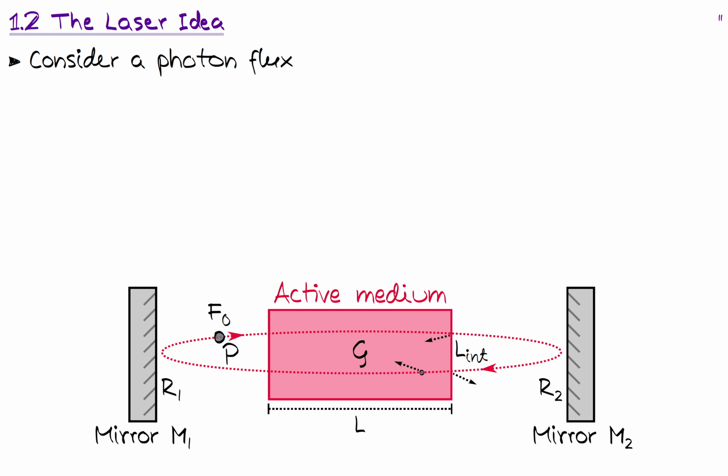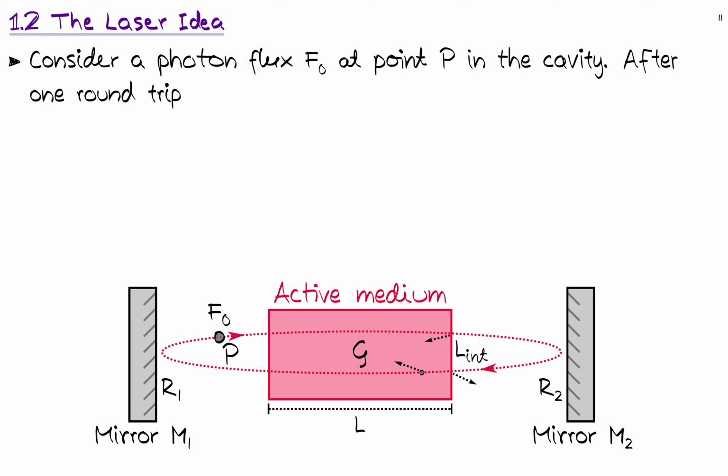So let's consider again this photon flux, now F0, at a point P that's shown in that figure, that will be inside the cavity. After one round trip for this beam of light, the flux becomes F equals F0, the original flux, times 1 minus L_int.